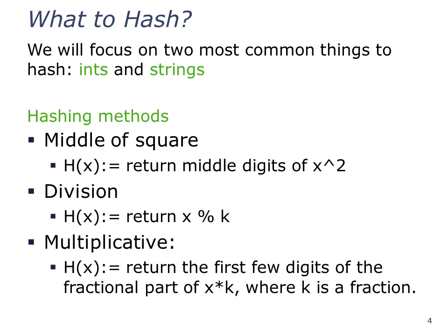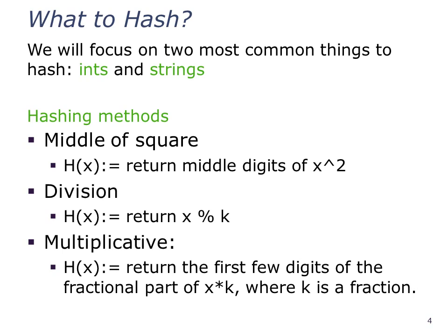So any fraction between 0 and 1 can be used as a constant k that is multiplied with x, and after that the first few digits can be extracted as a home address for this function.